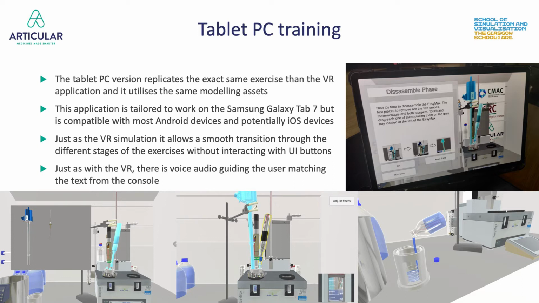The tablet PC training was developed for the Samsung Galaxy Tab 7, as this is the device we decided to go for, but thanks to the fact that we are using a multi-platform video game engine, potentially this project can be exported to iOS as well. Although it's not tailored to smartphones, this application will run easily on any Android devices, or if exported, on any iPhone devices too.